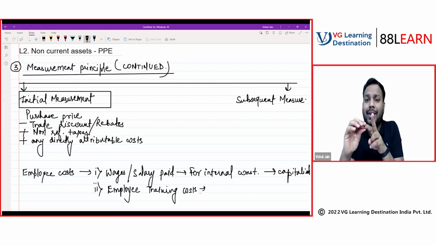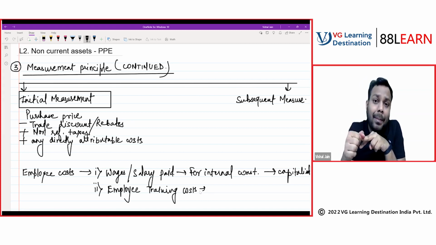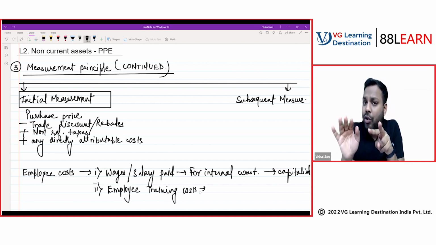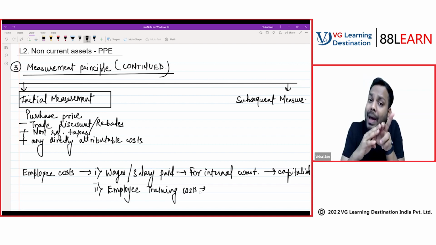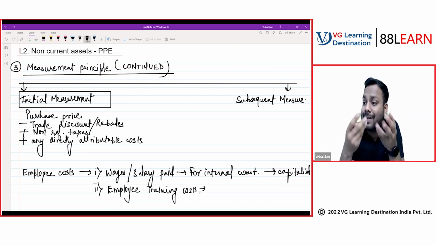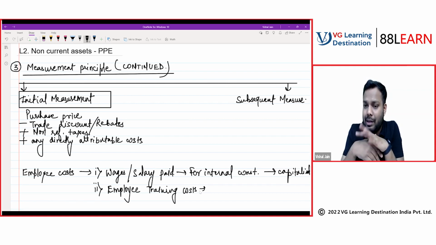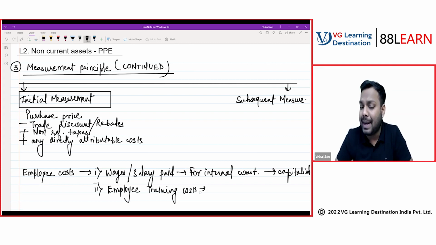One, it will be treated as an expense in the P&L, or it is recorded as an asset in the balance sheet. Whenever I say expense, it means transfer to P&L. Whenever I say capitalize, it means transfer to balance sheet and record as an asset. Is that clear, Safa?